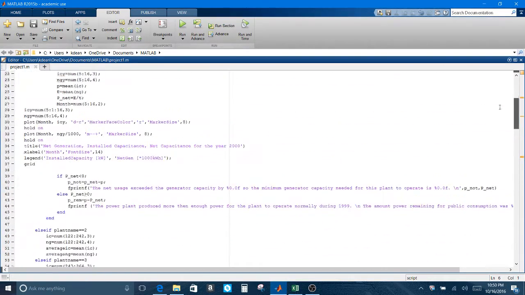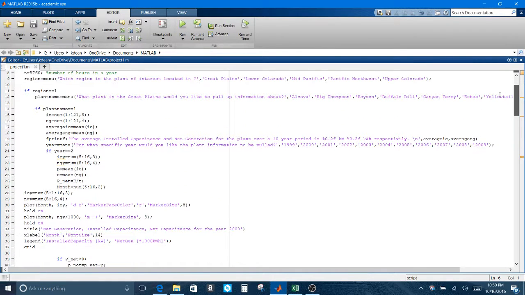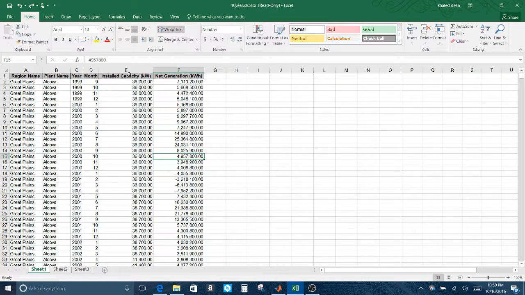So basically after that, it'll tell you, okay, for the power plant you selected, what was the average installed capacity and what was the average net generation for that power plant over the whole 10 years.